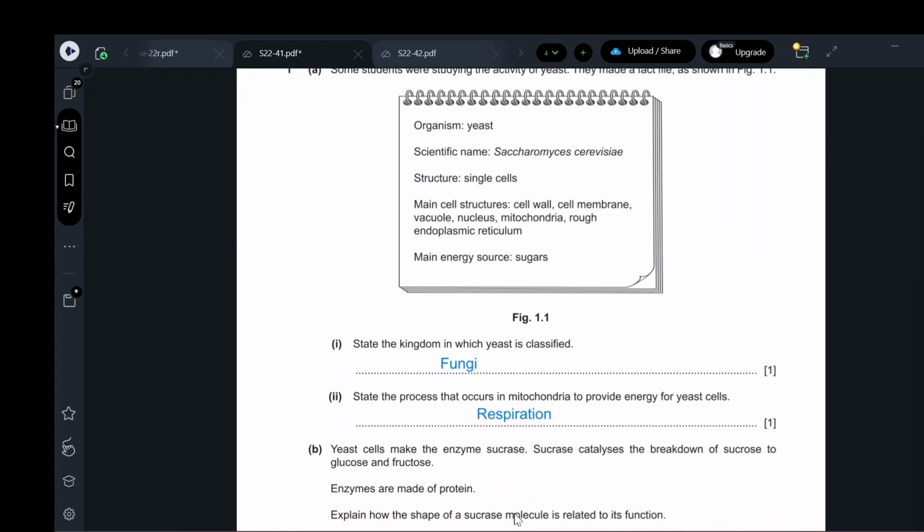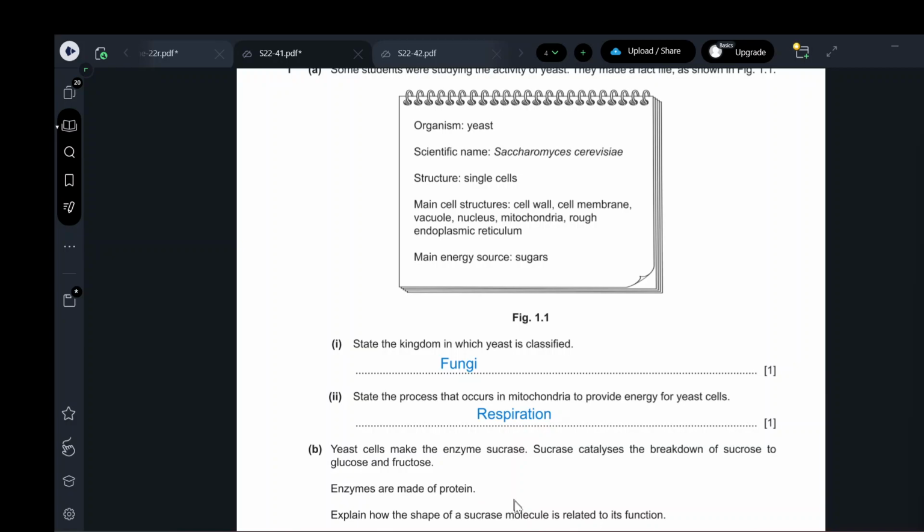Explain how the shape of the sucrase is related to its function. I explained this question before. We talked about the enzymes or the antibodies, and why the shape is related to the function.